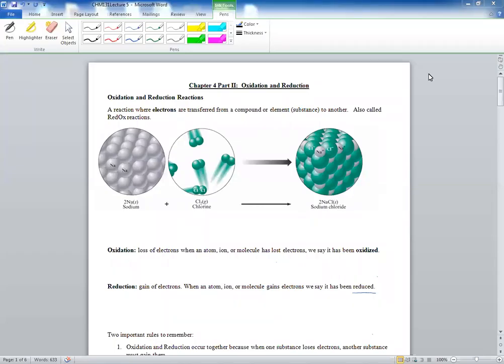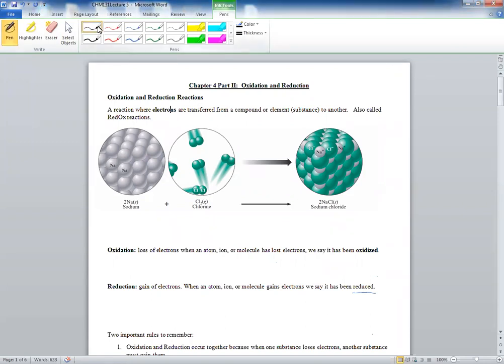Oxidation and reduction. It's a reaction where electrons, notice that word, electrons, are transferred from a compound, element, or substance to another. So the key word here is electrons.